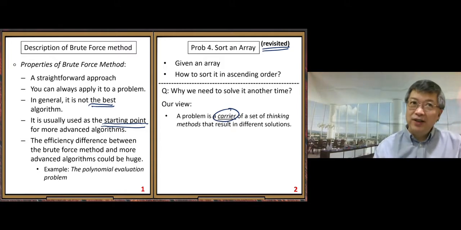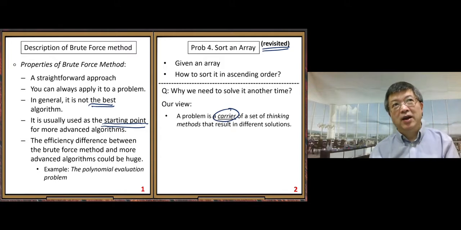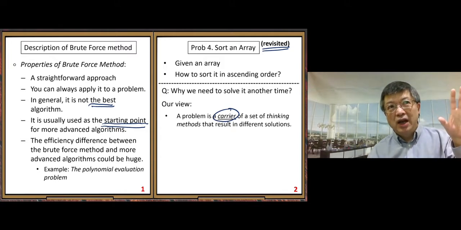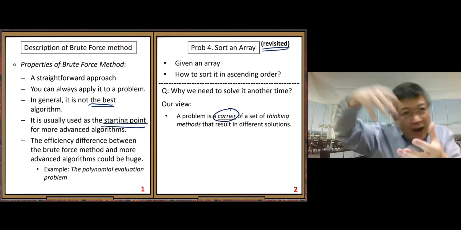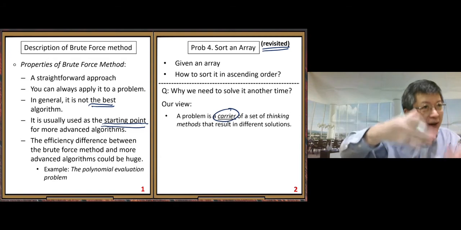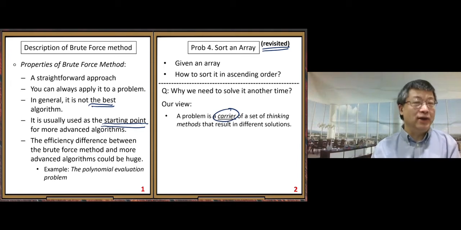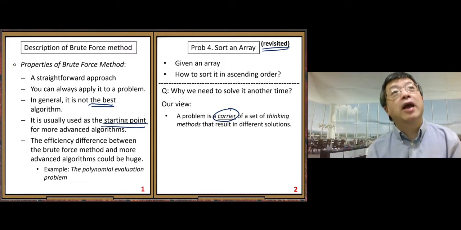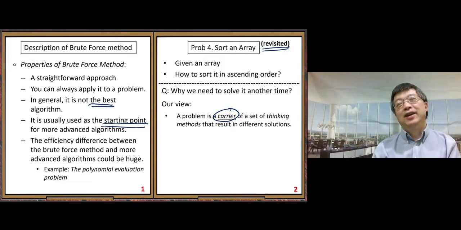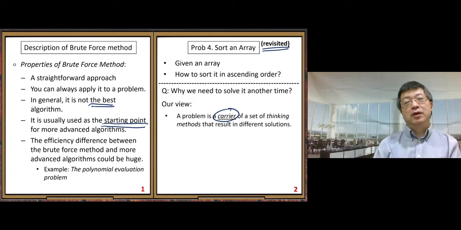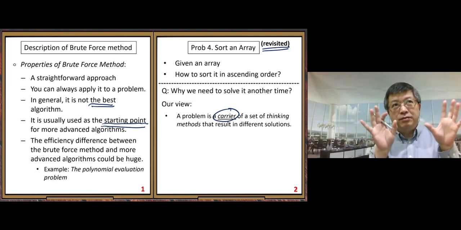Based on your learning. But how do you carry those thinking methods? Here I use this word, carrier, like an aircraft carrier. So here I call it a thinking method carrier, not an aircraft carrier. Why do I use this analogy?